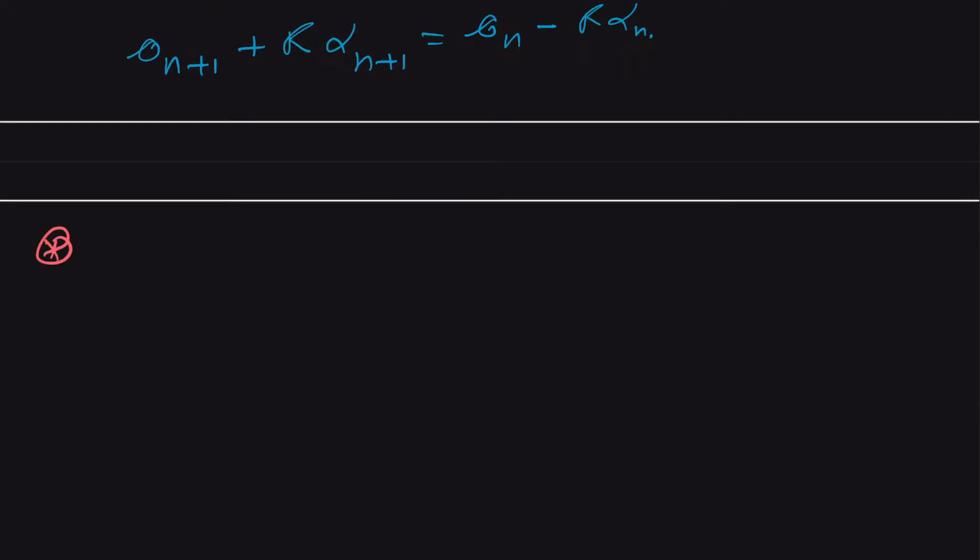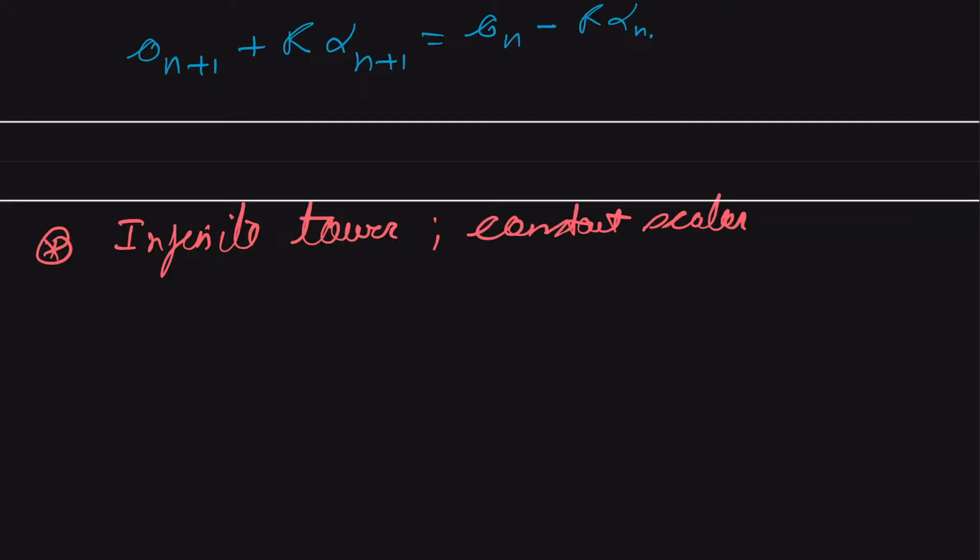And for that we are given that we have an infinite tower, and in this infinite tower, let us consider that we are having a constant scalar, our r, which we have treated as a common ratio. So we have a constant scalar, and that scalar is supposed to be given as r.